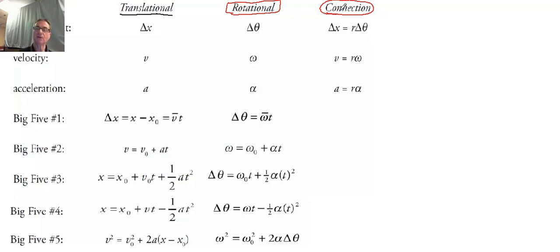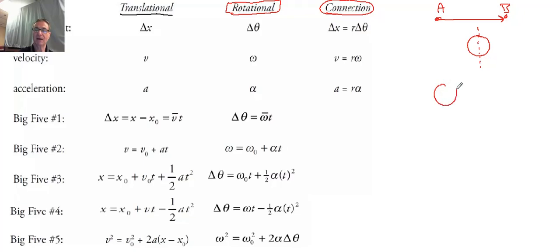Remember, translational means that I'm traveling in a line from point A to point B. This is translational motion. Rotational motion is something that is spinning about an axis. But it's important to remember too that we can have both translational and rotational motion going on at the same time.